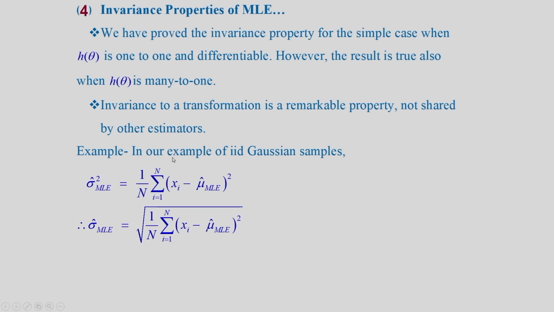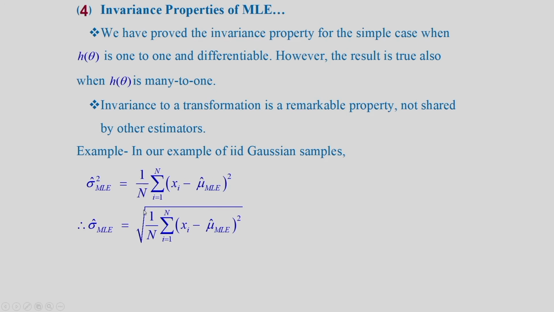Example, in our example of the IID Gaussian case, suppose sigma hat square MLE, that is the MLE for variance, is equal to 1 by n summation i going from 1 to n of (xi minus mu hat MLE) whole square. The MLE for standard deviation, that is sigma hat MLE, will be given by the square root of this MLE expression.